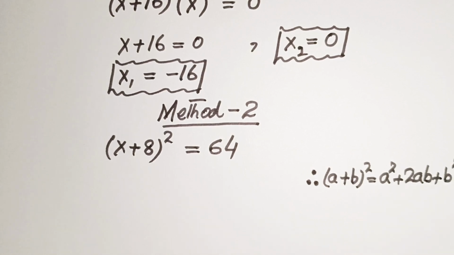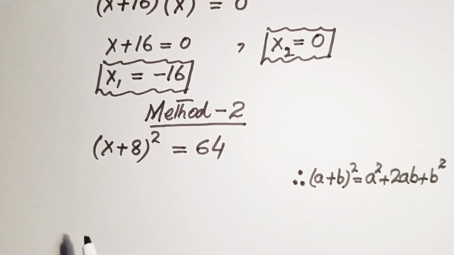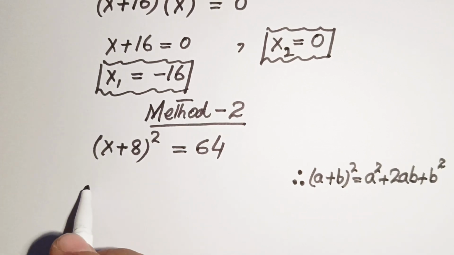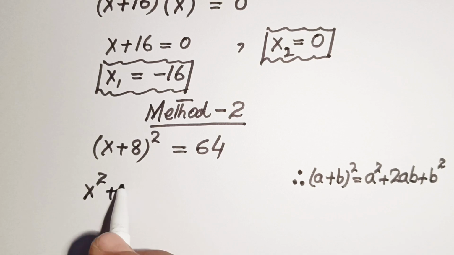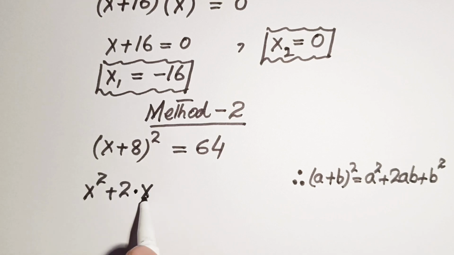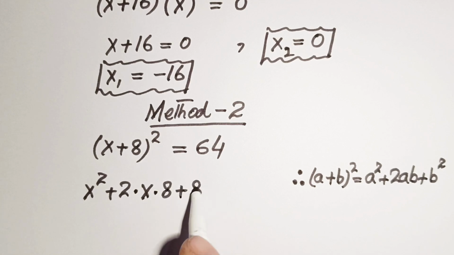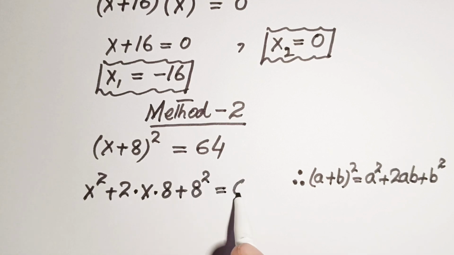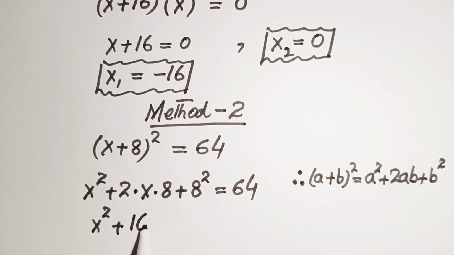Using it here, (x + 8)² is x² + 2 times x times 8 plus 8², which is 64. So x² + 16x + 64 = 64.